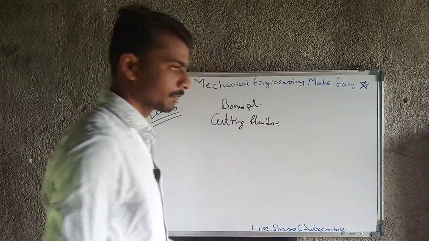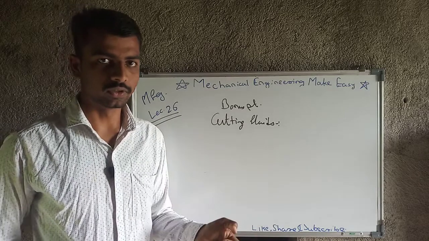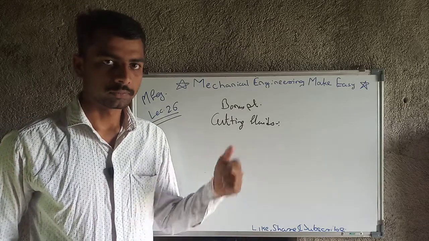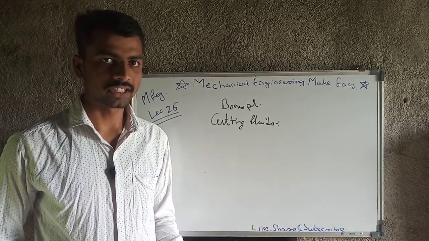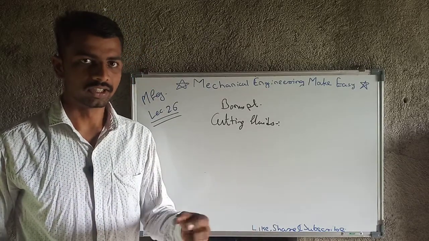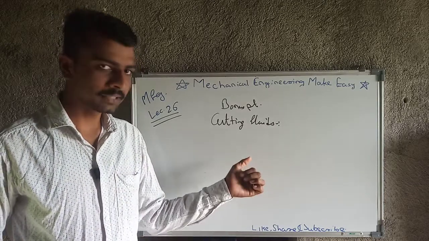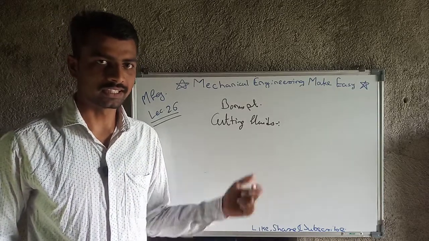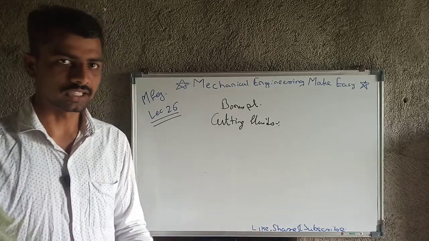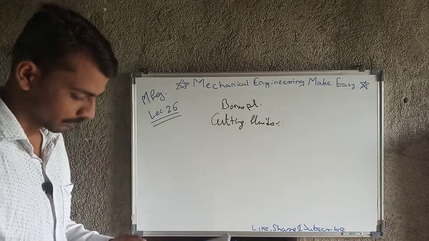Cutting fluids are very important, because if we are using cutting fluid, then ultimately the efficiency of the operation increases, tool wear and tear decreases, and the heat generated at the point where the cutting action is happening will be carried away by the cutting fluid. So ultimately there are a number of advantages of using cutting fluid.